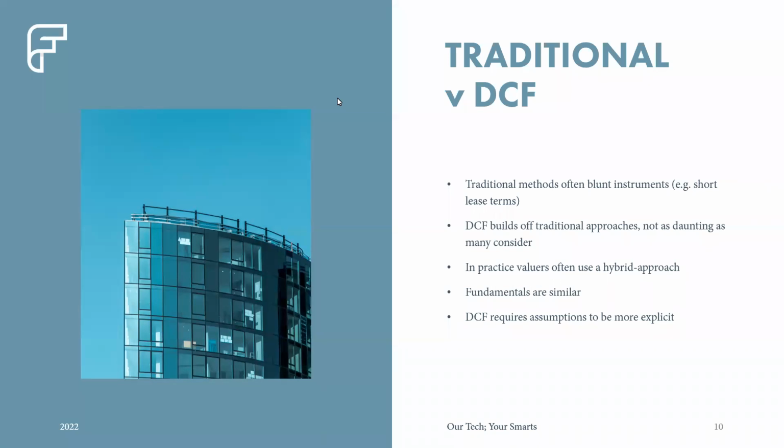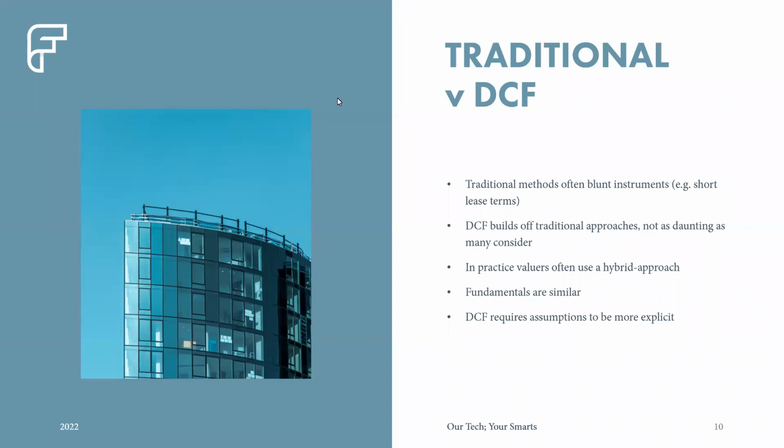The fundamentals, though, of a traditional valuation and a DCF are the same. The concept, in both cases, is to use the time value of money to discount future costs and incomes back to today. In both cases, that's really what they're doing, with the exception, obviously, of a capital value per square foot type approach.